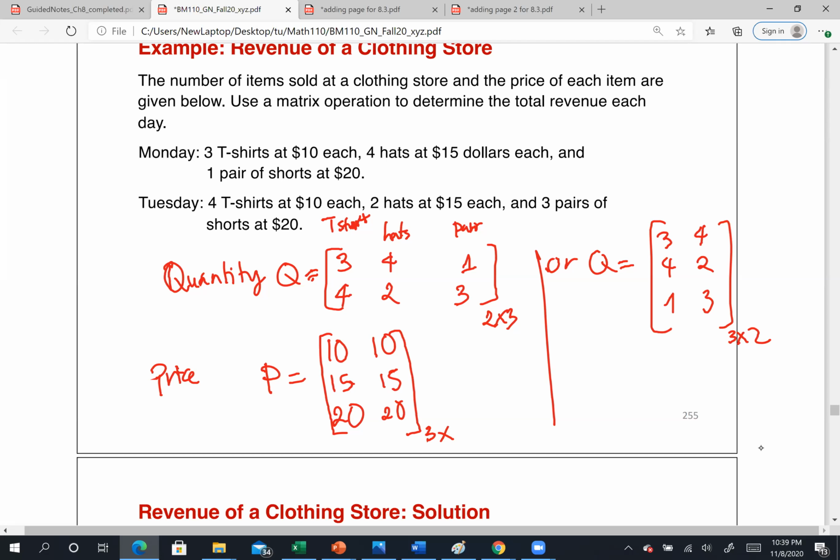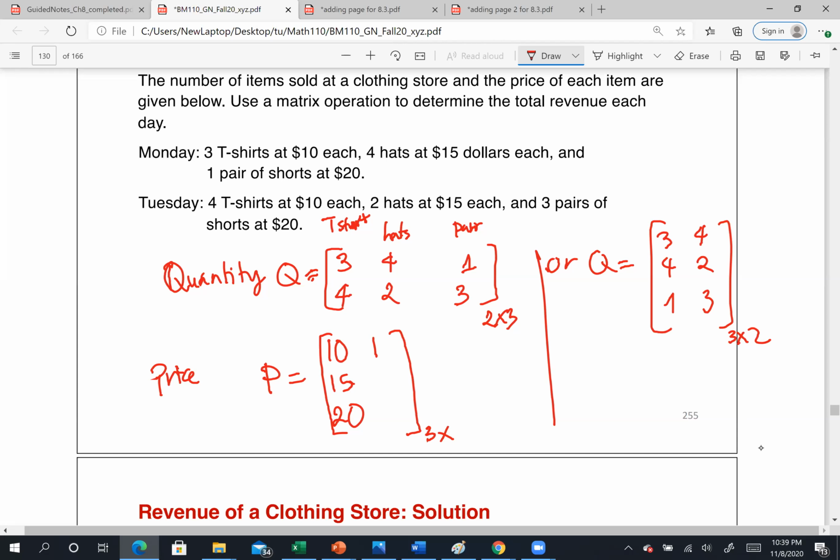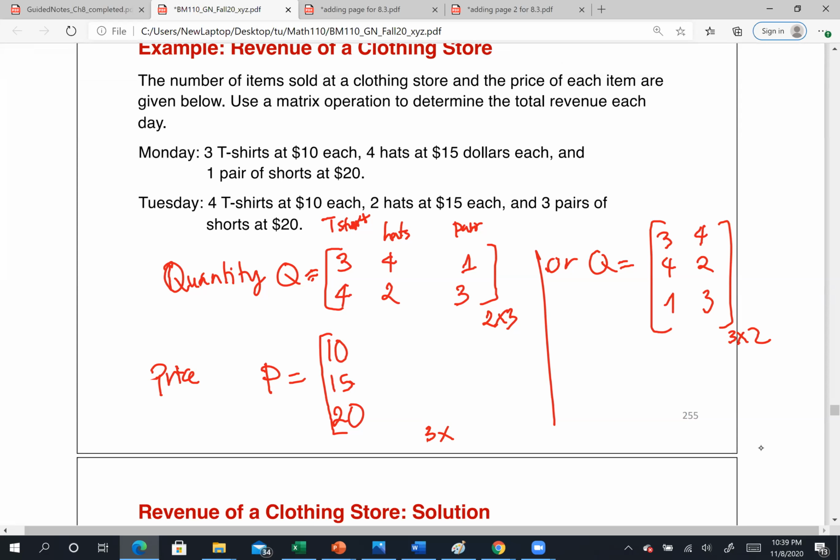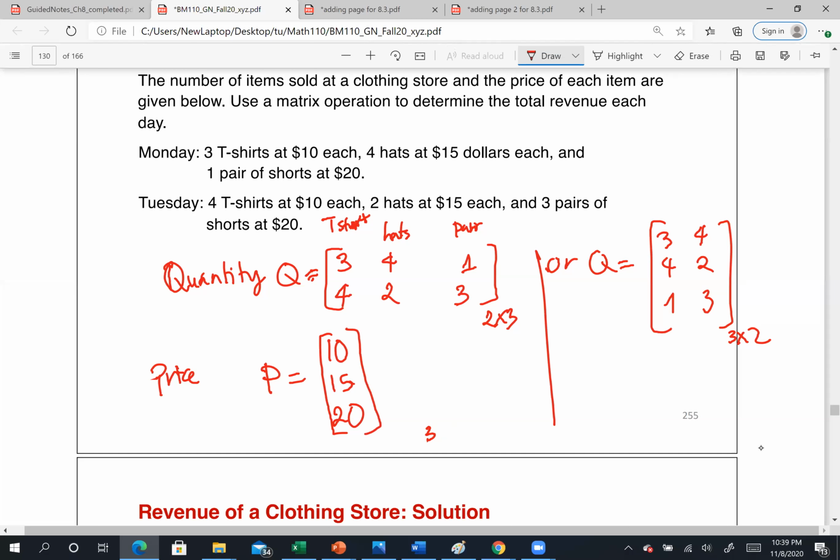Actually it's just have same price, so I will just use only one column. So it's going to be 3 by 1.